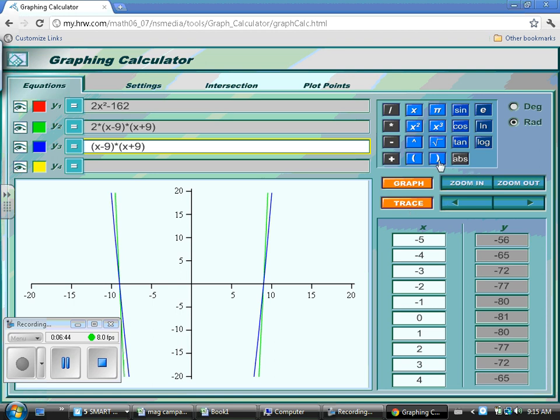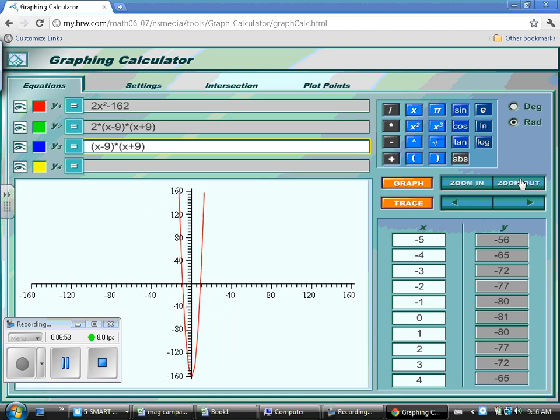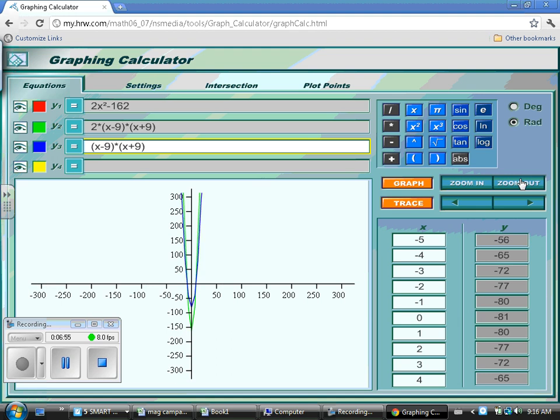But this is a little bit wider graph, which you expect because you're going to have a smaller a value. If I zoom out, you can see definitely there's a difference in shape, and a difference in the location of the vertex. So yes, you do need to know that constant that it's multiplied by.